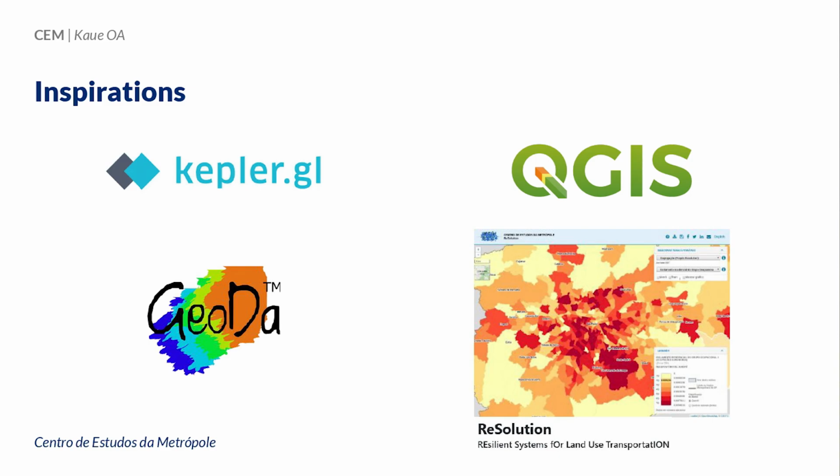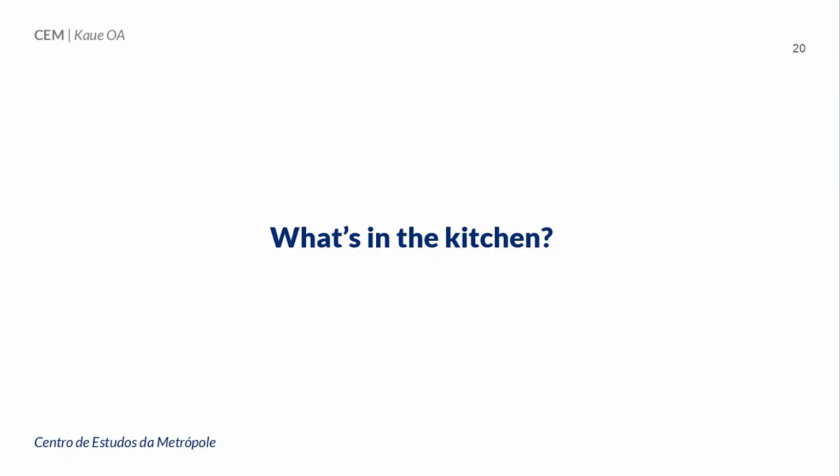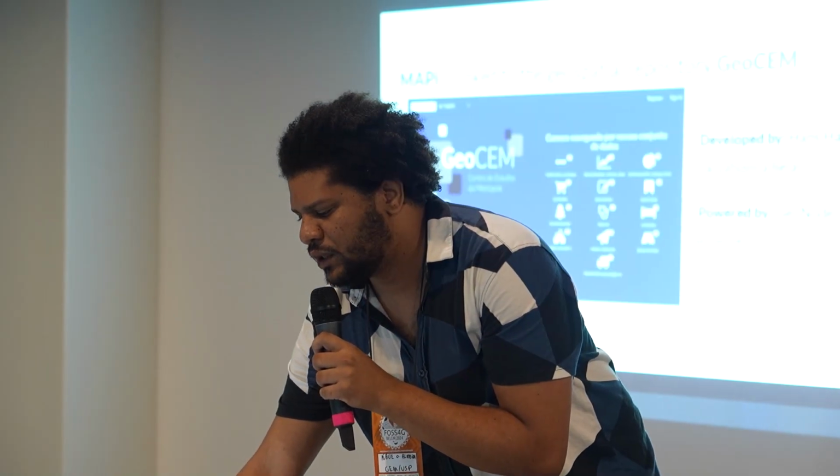The same goes for GeoDa and QGIS, and we are also inspired by one of our tools called Resolution, but we have fixed datasets there, and we want something more flexible that we can update easily and quickly.